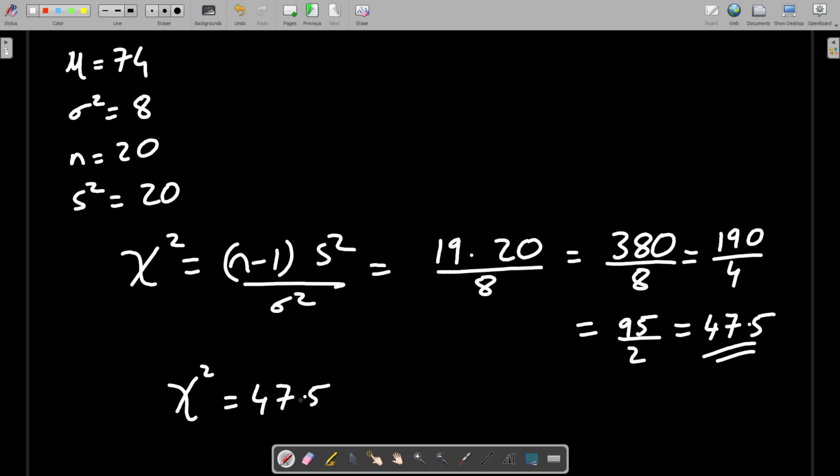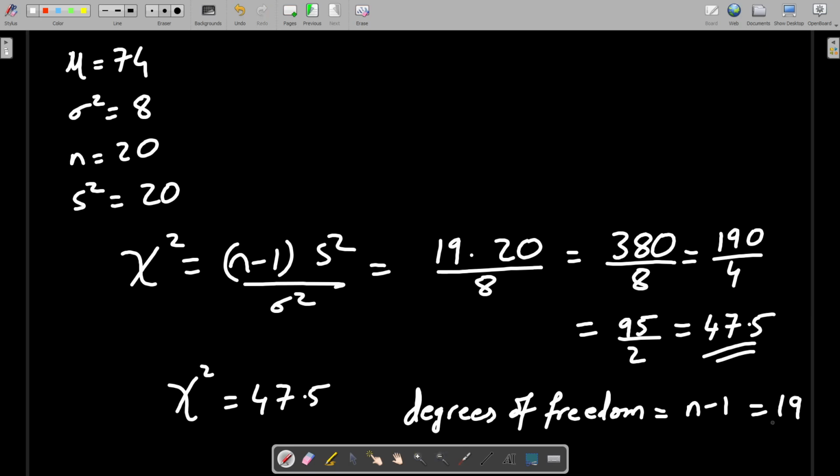Now what we have to do is go to the table, and degrees of freedom for this problem is n minus 1, that is equal to 19.